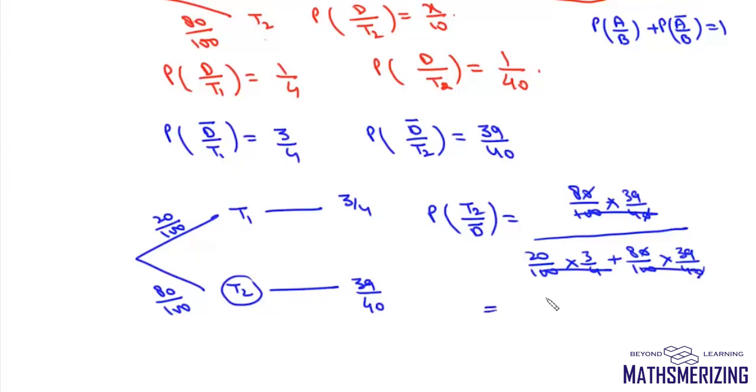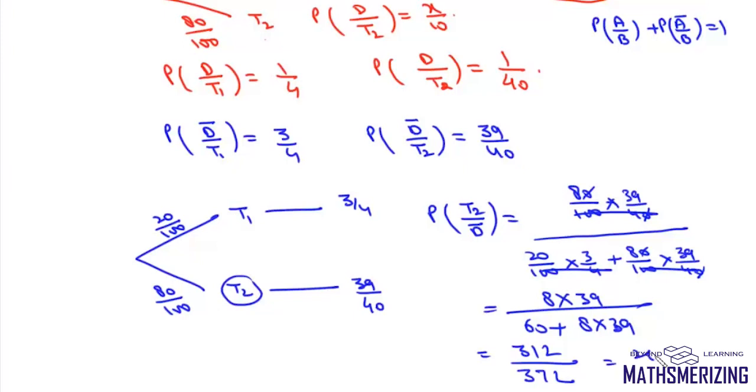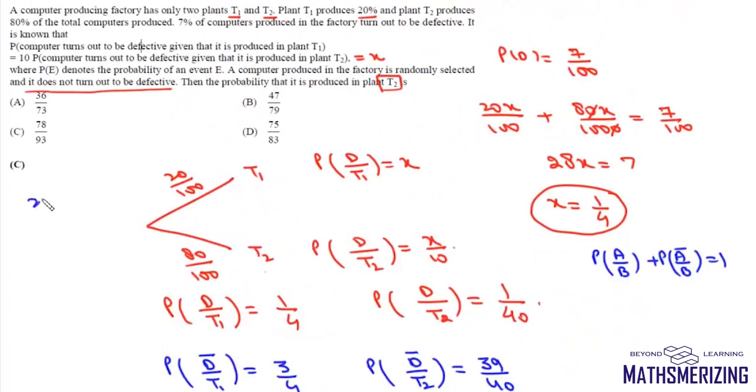So it will be 8 into 39 upon 60 plus 8 into 39, which is 312 upon 372, which is 26 by 31. So it is 26 by 31, or if we multiply it by 3, we'll get 78 upon 93, and that's your option C.